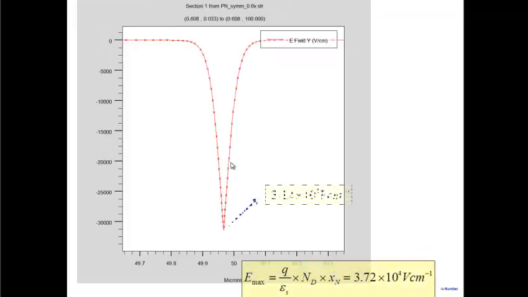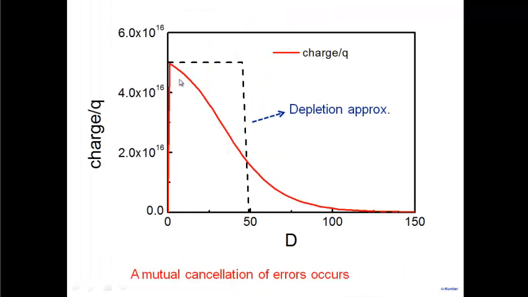And even in this case, if I take my charge here and superimpose my depletion approximation, you can again see depletion approximation says, well, this is the region here. Again, there's an overestimation, there's an underestimation, and again, because of cancellation of errors, I end up getting reasonable results. Although there's no constant region at all in the space charge region, which is totally made up of varying charge, depletion approximation is saying constant.